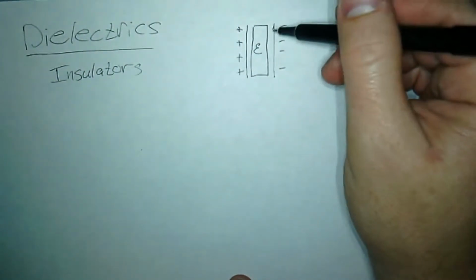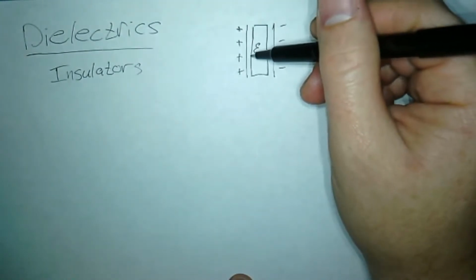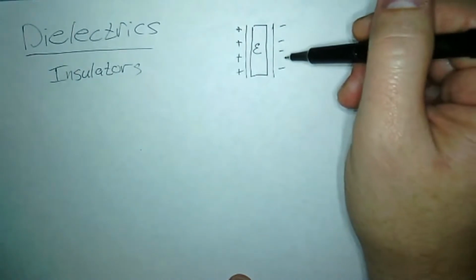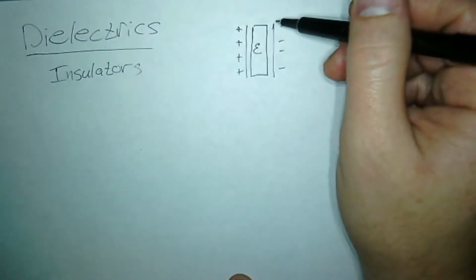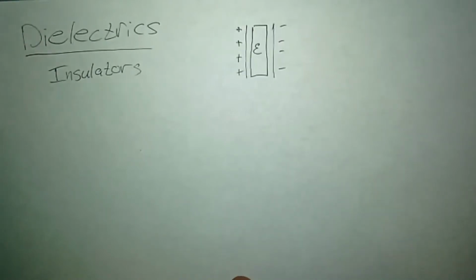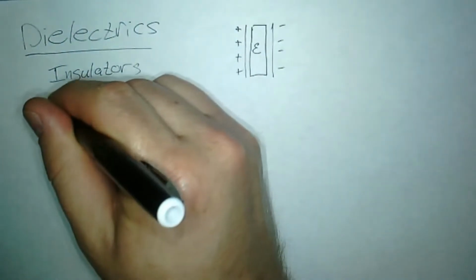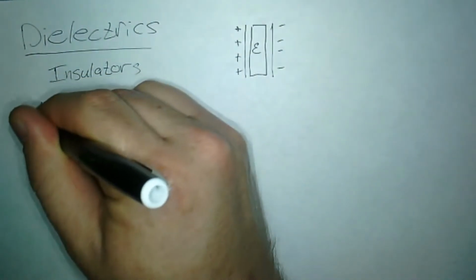You want an insulator in there, because if you put a conductor in there, if it touches both plates, it's just going to carry the charge across. So they have to be insulators. And what they do is, I guess I shouldn't draw the epsilon here. Let's draw this again, bigger.